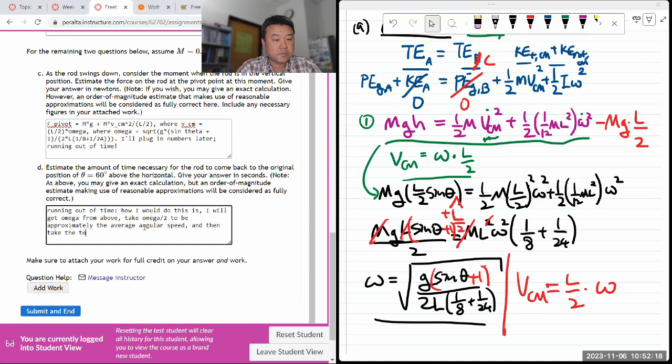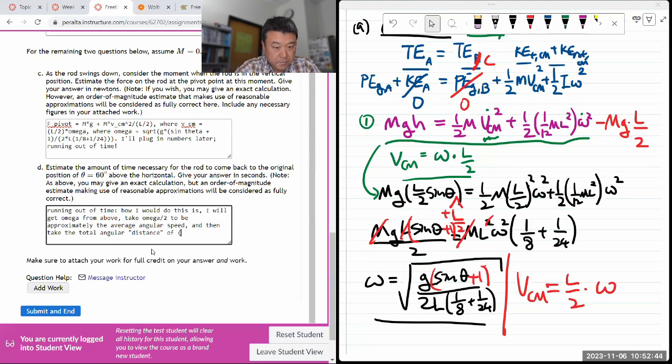take the total angular distance. So it's going from 60 degrees down to 90, and then so it's going to be 180 plus 120, so pi plus 2/3 pi.